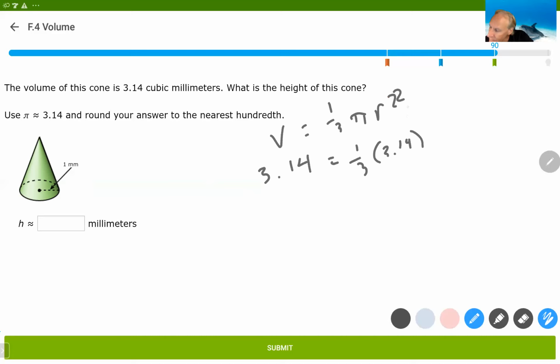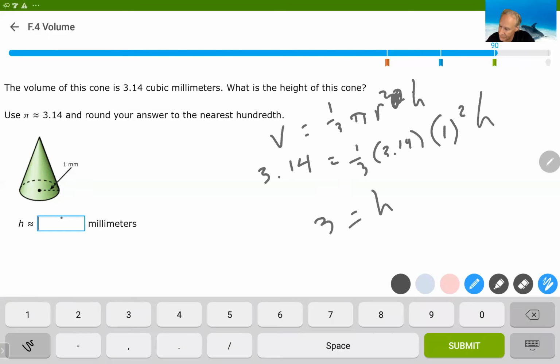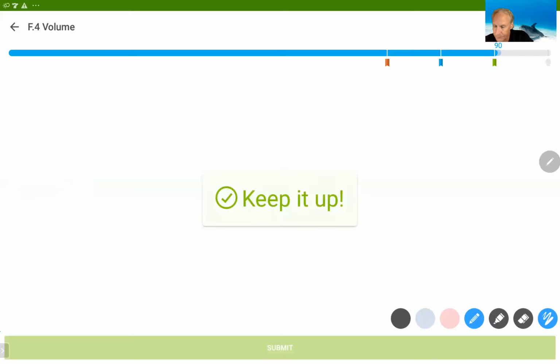Radius squared, oops, times the height. It's a square, sorry. 3.14, 4, the radius is 1, squared is 1 times the height. So it looks like we are getting about 3. The height is about 3 meters. Solved it in my head, makes it easier.